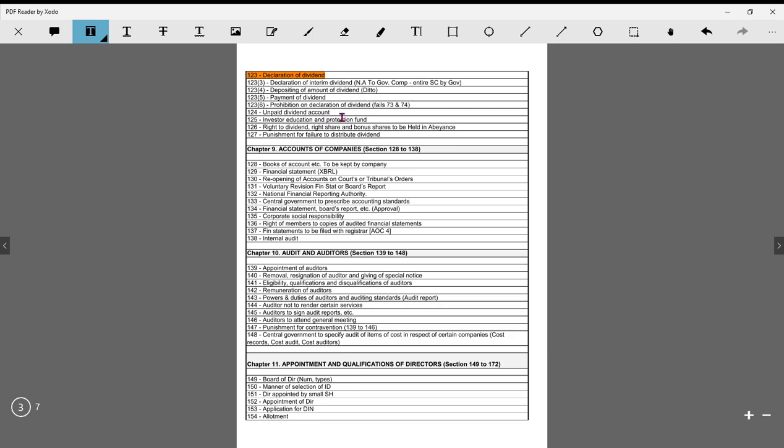So what happens to the money that is in the unpaid dividend account for a long time? It has to go into the investor protection fund. So what is this section 126? Now we all know that in order to declare dividend, the register of members has to be closed first. So imagine a person gets the shares in the share market after the register of members is closed, but before the dividend is declared.